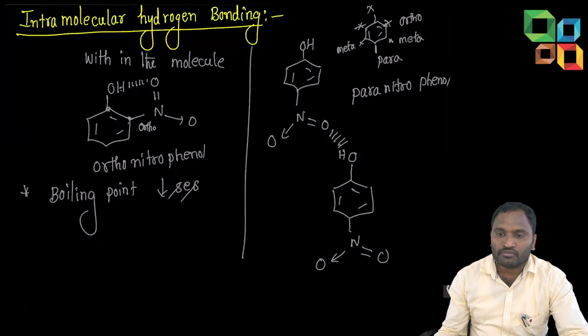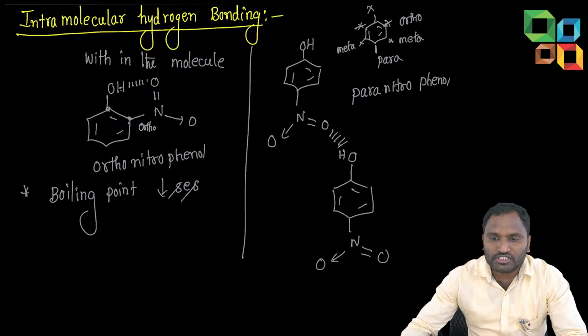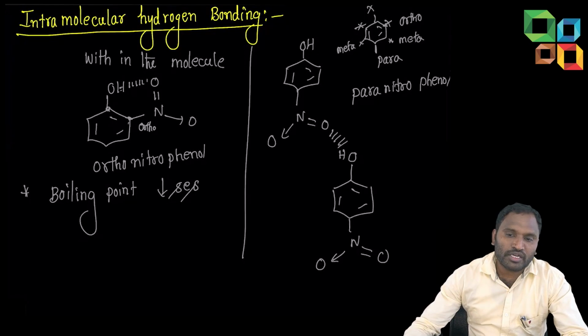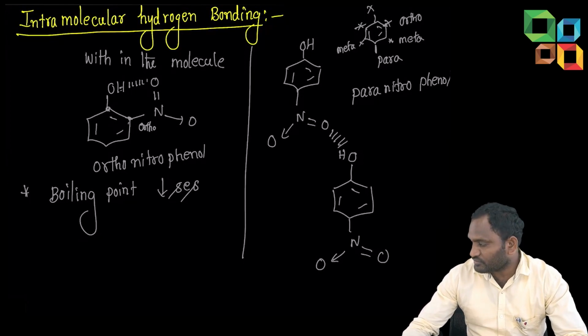Sometimes they ask, out of orthonitrophenol and paranitrophenol, which is steam volatile. Steam volatile means it evaporates easily. Sometimes they give that orthonitrophenol is steam volatile, and paranitrophenol is not. The reason they ask: in orthonitrophenol, intramolecular hydrogen bonding exists.